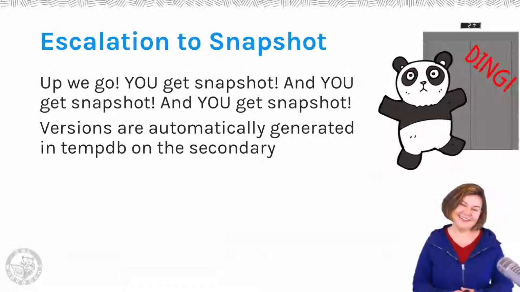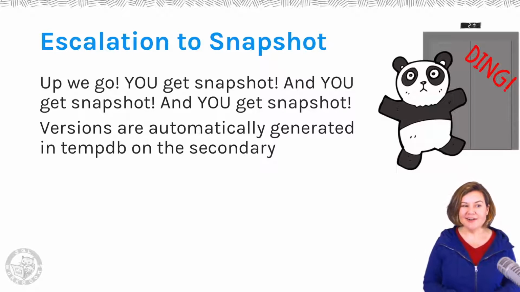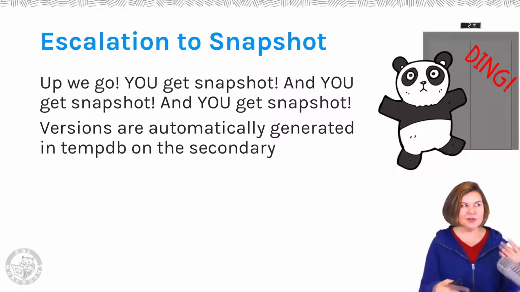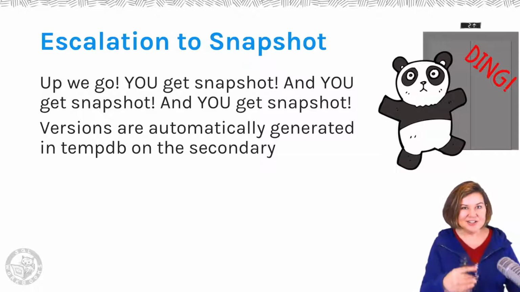A quick recap before we go. When you query a readable secondary database, escalation to snapshot isolation happens. We showed in our demo that I used a no-lock hint and I didn't see any dirty reads, even though we could tell by looking at the version store that changes had come over to that database.